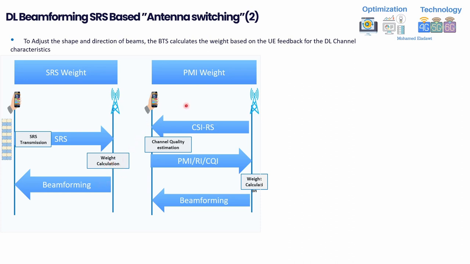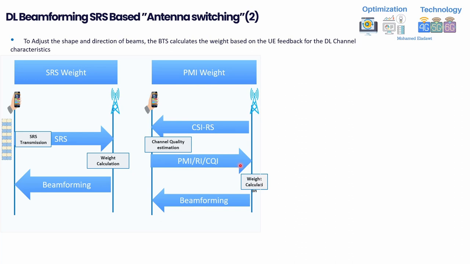Okay, so compared to SRS weight versus PMI weight or CSI-RS, as you know here, the first part, before doing the weight calculation, the gNB should transmit the CSI-RS, then the user will start making the channel quality estimation for the downlink, then it will send the feedback to the gNB through PMI, rank indication, CQI. Then the gNB will start the weight calculation, and now it will start making the downlink beamforming direction and so on towards the UEs.